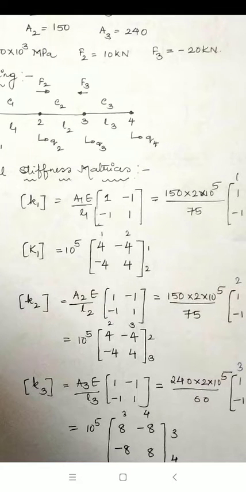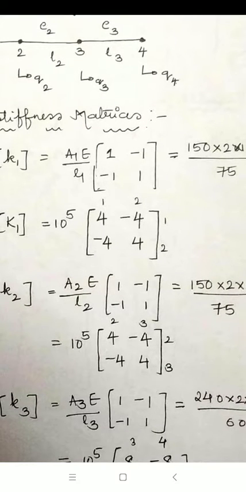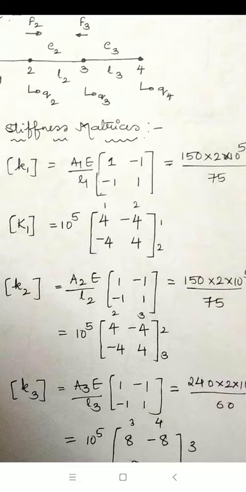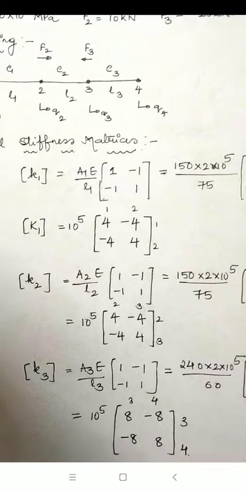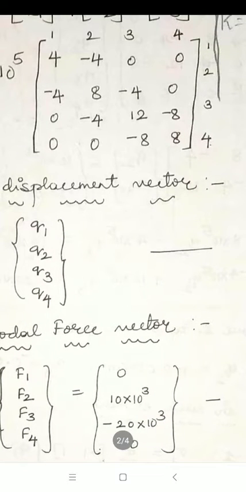Similarly, in K2, again one more time, column 2, row 2 is there. There also we have the value as 4. So two values will come in the same place. So I have added those two. 4 plus 4, that becomes 8. So here, in the place of column 2 and row 2, I have written 8. Two values are coming there, 4 and one more value is again 4. Add these two, we will get it as 8.